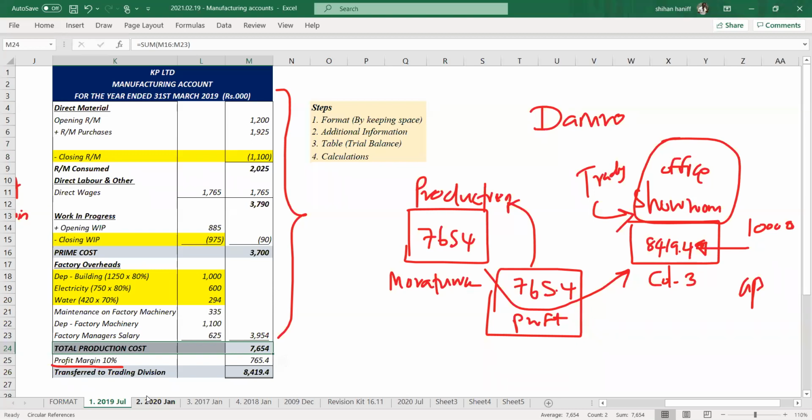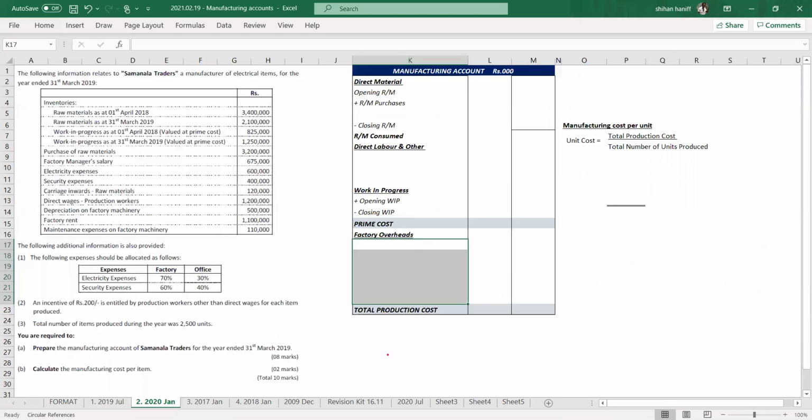If there are no doubts, we will move on to question number 2. Question number 2 is this.